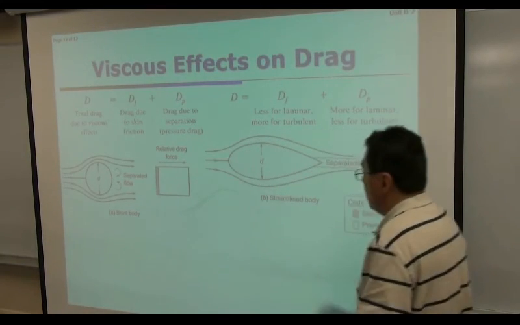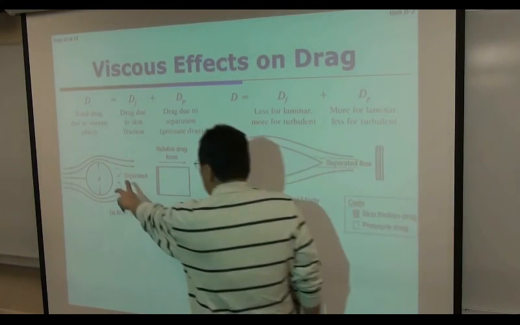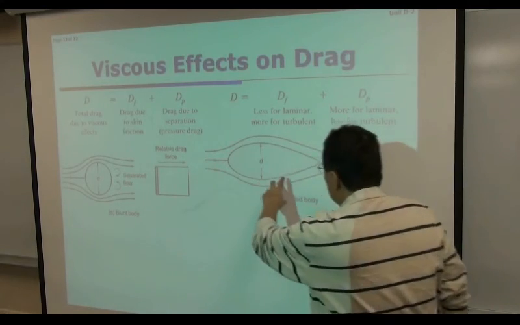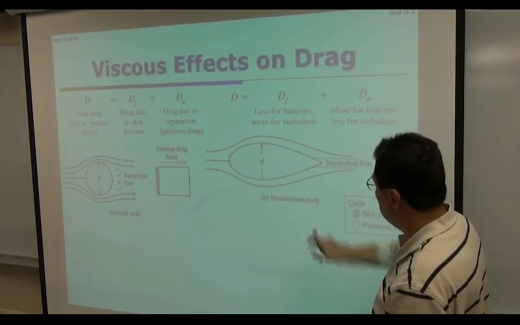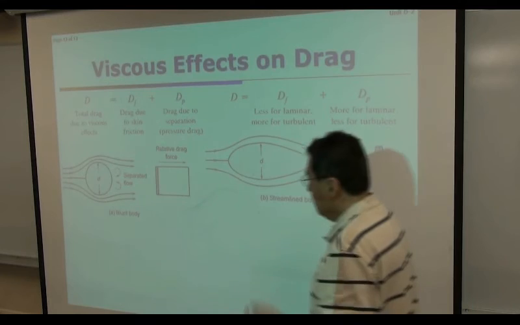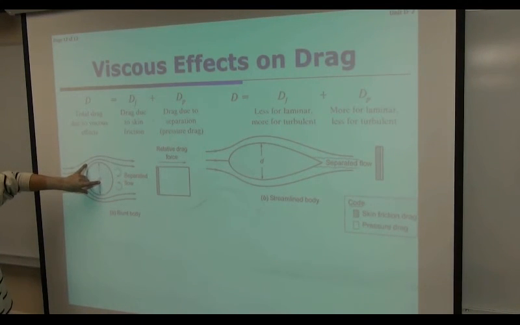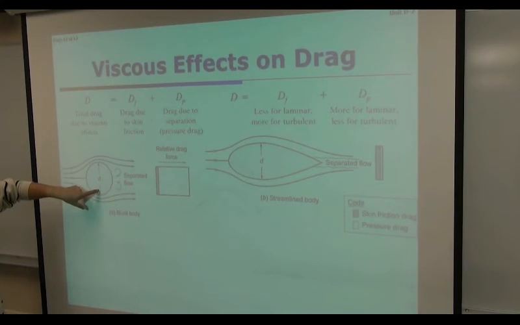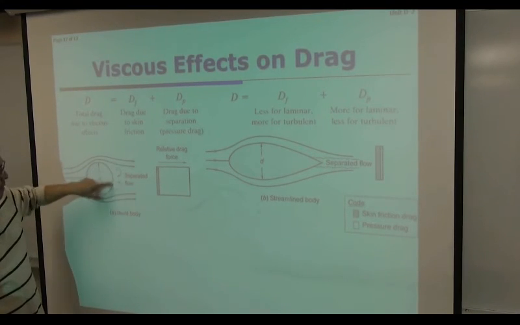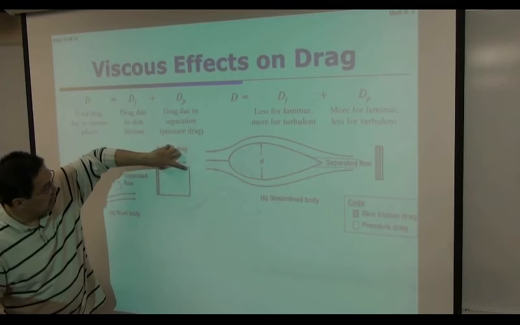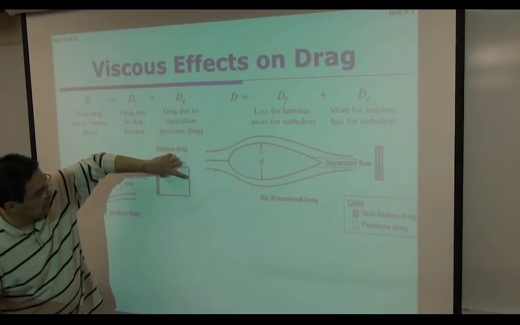So if you compare flow over a circular cylinder against flow over, let's say, an airfoil, a streamlined body, the big difference here is that the major component of the drag in this case is because the flow is massively separated. So a big portion of the drag is essentially pressure drag.